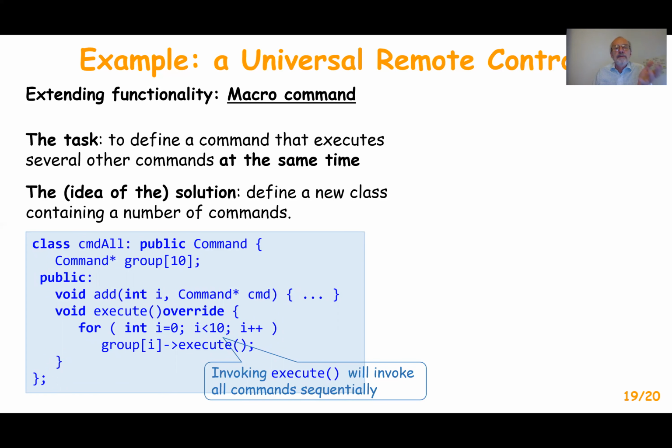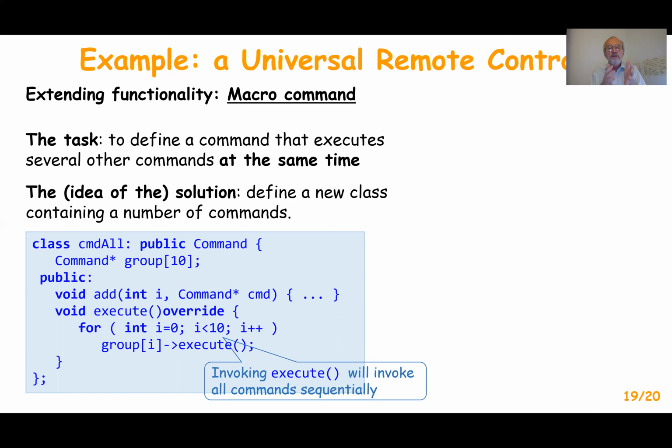straightforward way. I have declared a group of some number of commands within this CMDO class, and I write an add function that can fill that group array, adding different commands to this group.